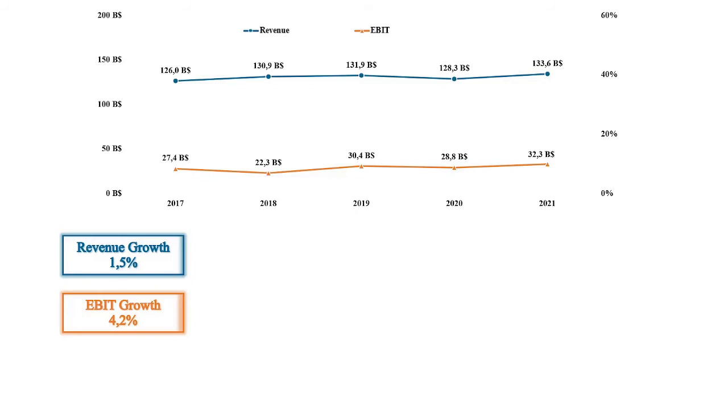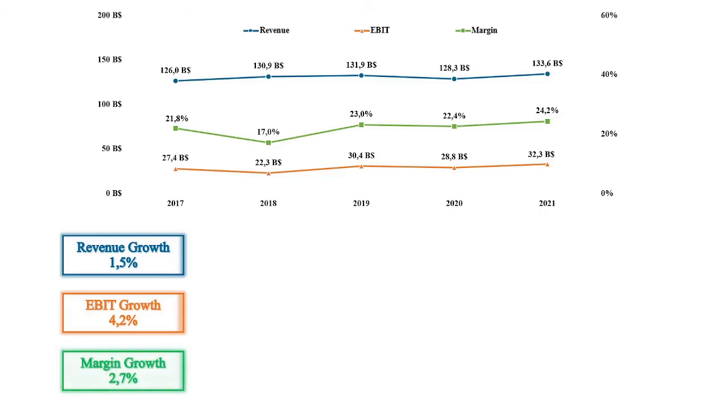The margin is found by dividing the EBIT by the revenue, which in 2017 gives 21.8% and in 2021 increased to 24.2%. Since the EBIT increases at a higher rate than the revenue, it only makes sense that the profitability of the company increases. In this case, it increases by 2.7% on average.